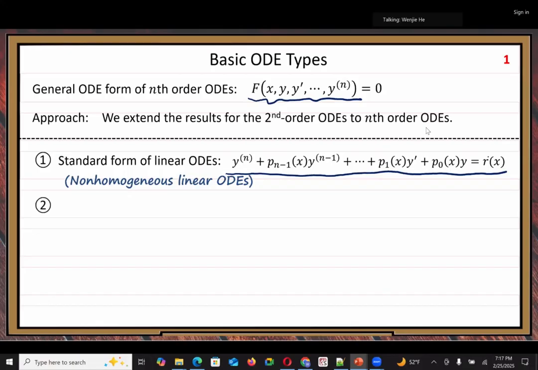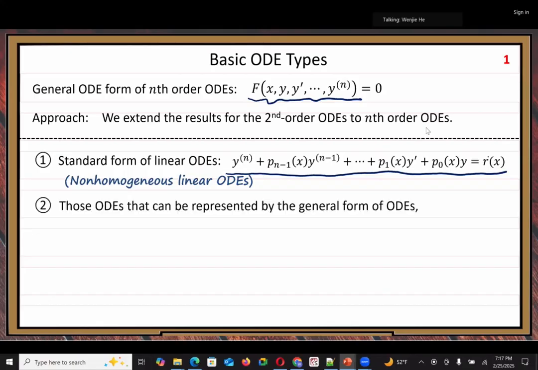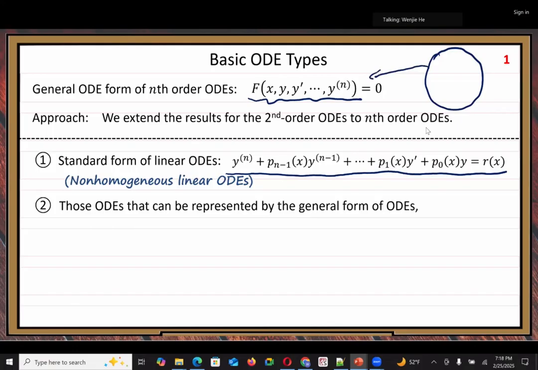The second type. Because the first type is just a portion of the general ODEs, let me use this big circle to represent the general ODE. Then the first type is just a smaller circle inside that general type.